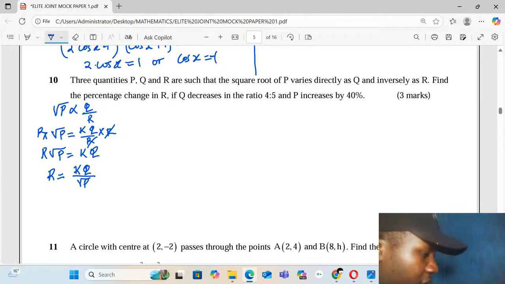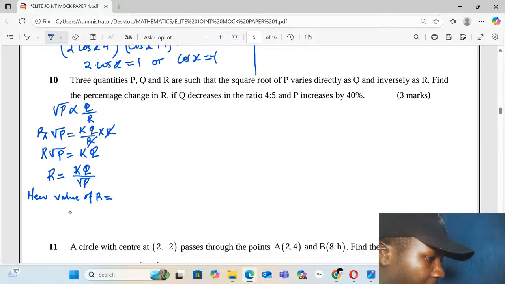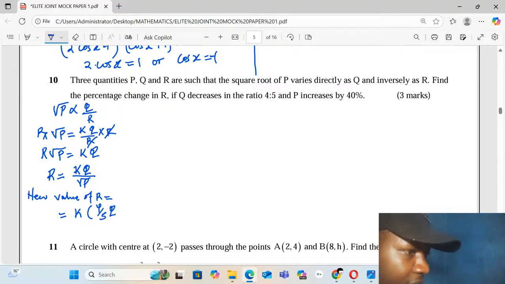So the new value of R will now be equal to K, the constant K, into Q over 5Q, that ratio 4 to 5, which is the same as 4 over 5 Q over 4P.